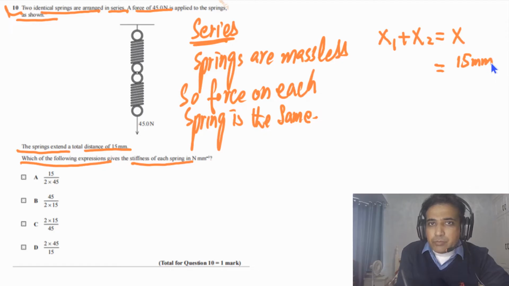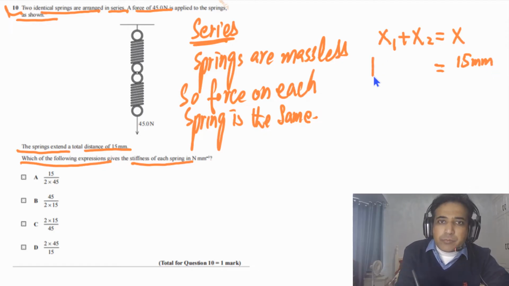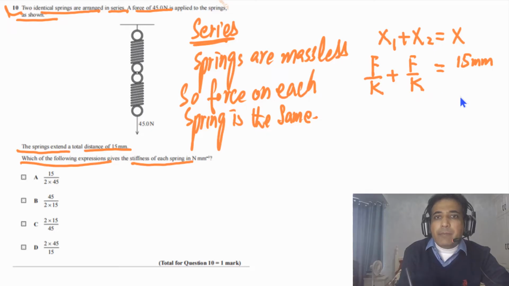So this is 15 millimeters, and x1 we can simply find out. This has to be equal to f divided by k, plus f divided by k. Now if we simplify, this is 2 times f divided by k, and this is equal to 15.